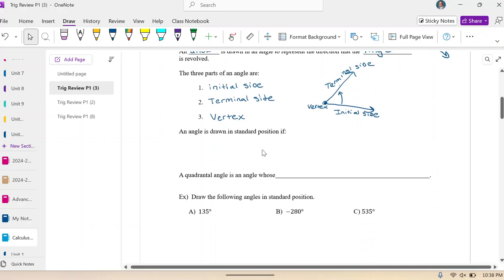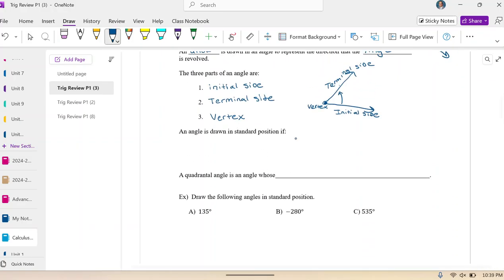An angle is drawn in standard position if the initial side lies on the positive x-axis and the vertex is at the origin, otherwise known as 0, 0.